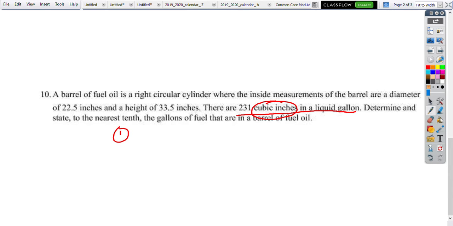Once I get the volume, I'm then going to take the volume, not times it, divide it by 231, because for every 231 cubic inches I get 1 gallon. So how many gallons are there? And then we'll be good to go.